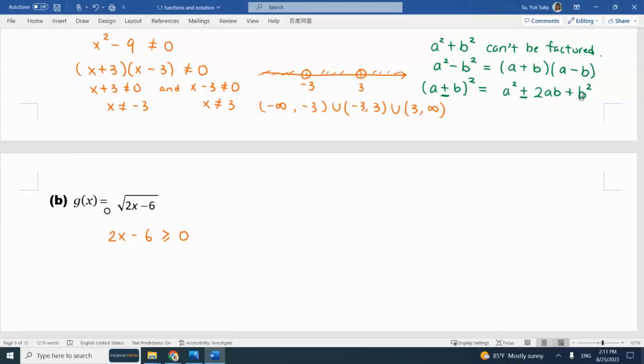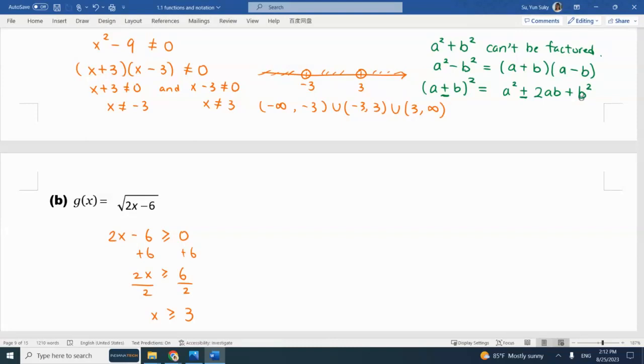Okay, so how do we solve for x? Add 6 on both sides. Then we have 2x greater than or equal to 6. And then divide by 2. Yes, we get x greater than or equal to 3. Right, everybody? And yeah, divide by 2 because 2 is positive, so it won't change the inequality.